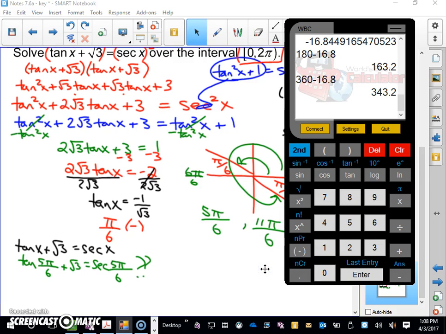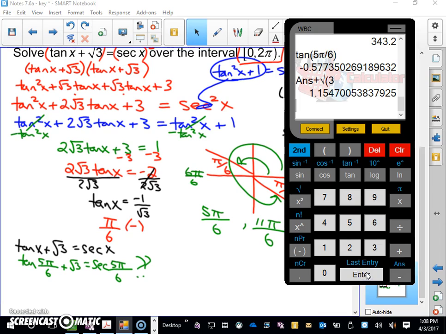So tangent 5 pi over 6 plus the square root of 3. 1.1547, okay? So we need to do secant 5 pi over 6.